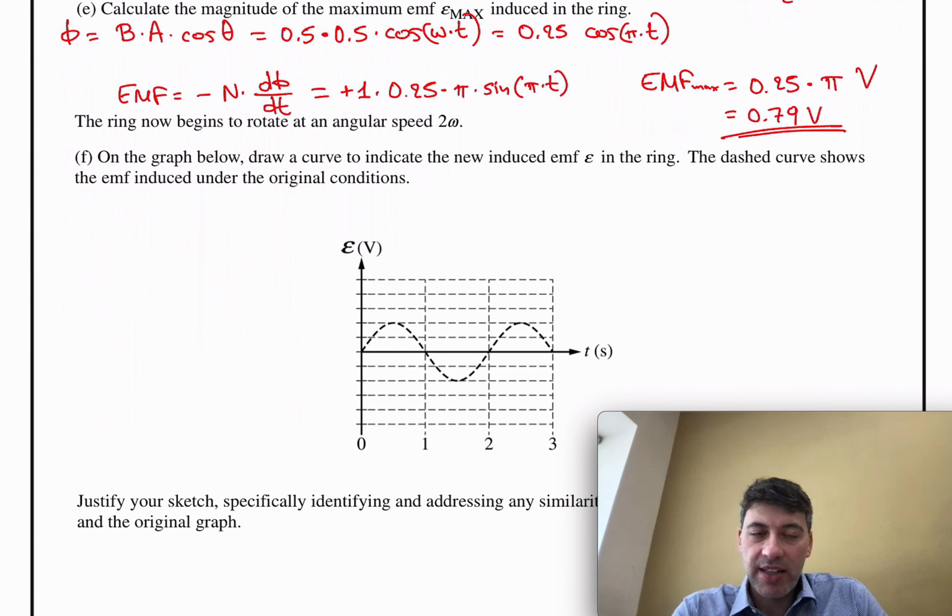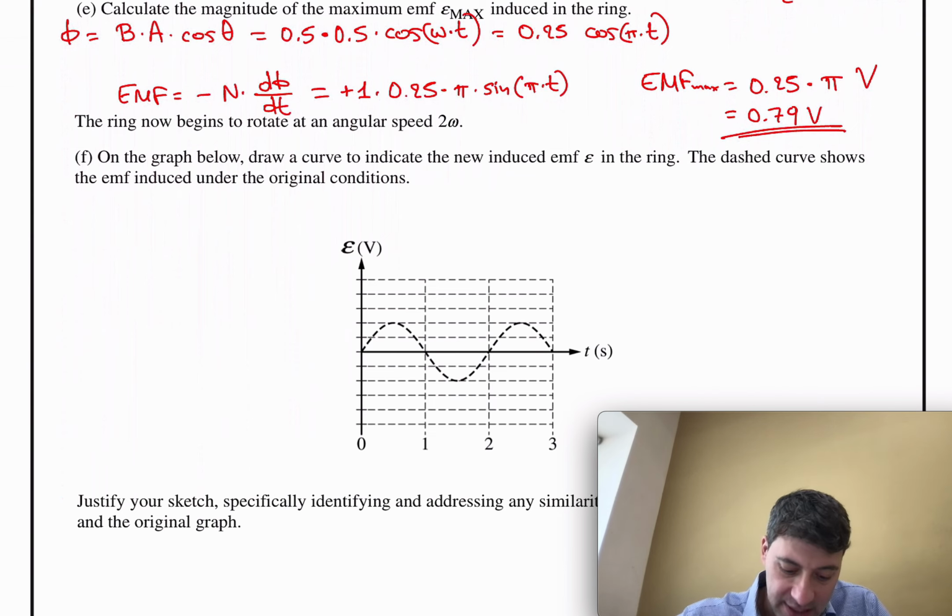Since the ring will rotate faster, for sure the electromotive force, the new voltage, will be greater, and since the speed is doubled, the EMF will also be doubled. So from 0.79 will become 1.58. So the EMF for sure will be doubled.